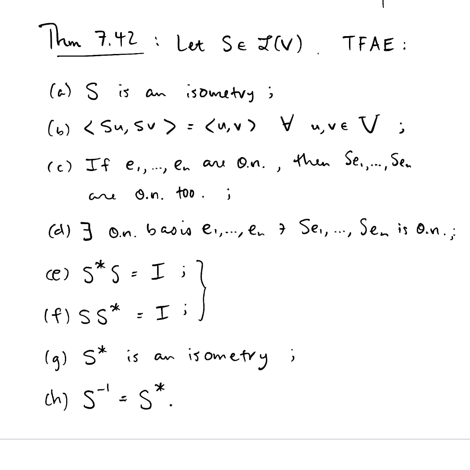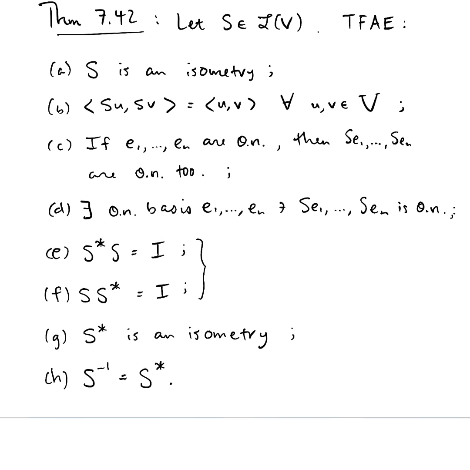Our goal today is to get up through A implies D, and then we'll do D implies E implies F implies G implies H implies A next time. Okay, so here we go. Let's prove this. This is a very, very powerful and useful result for us.